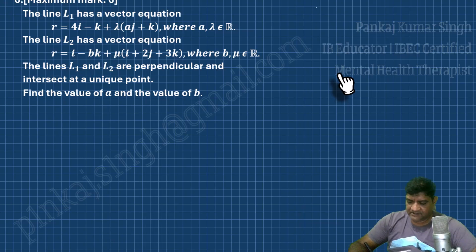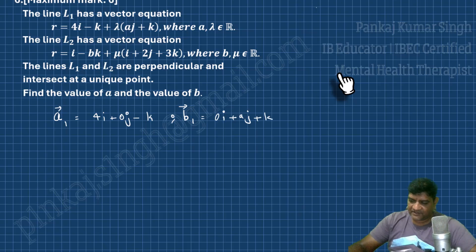So what I know here is that line 1 is passing through a particular point. Let me call that point a1 vector, the position vector of point 1, which is 4i plus 0j minus k. And then I have the direction vector of line 1, b1 vector, which is given to me as 0i plus aj plus k.